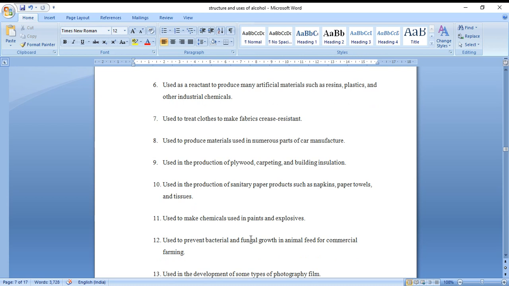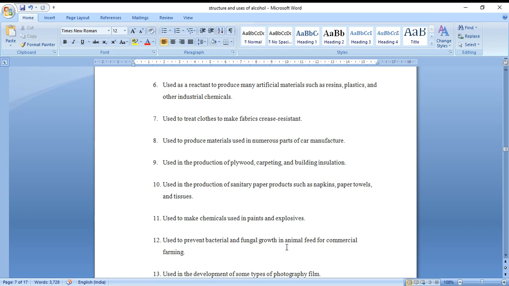As we have discussed, it has antibacterial and antifungal properties, so it is used in commercial farming, where we have farm animals like oxen and buffaloes and generally use animal feed.